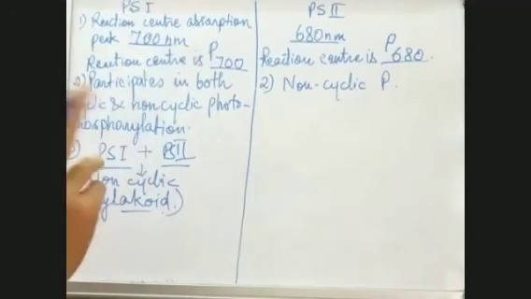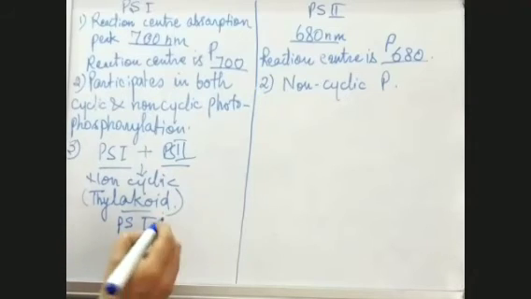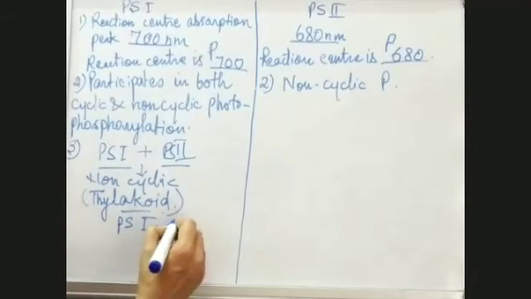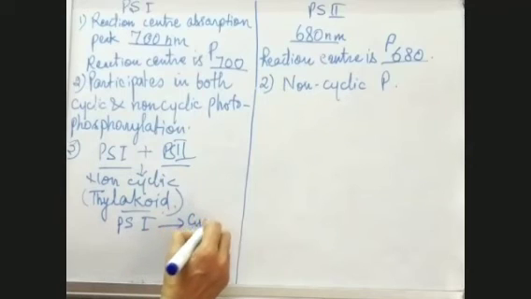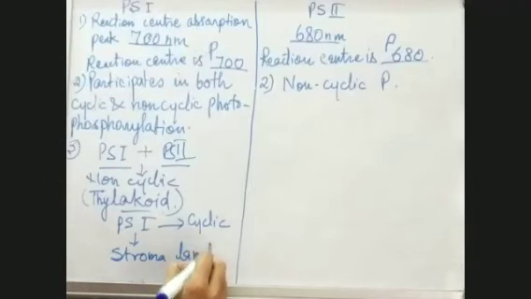But if we talk about cyclic, PS1 participates alone. When it is alone, it participates only in cyclic photophosphorylation. And I wrote that cyclic photophosphorylation takes place in stroma lamellae. If you remember, I wrote that cyclic takes place in stroma lamella.